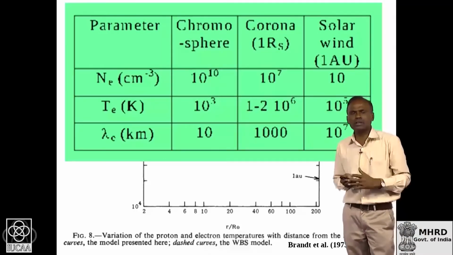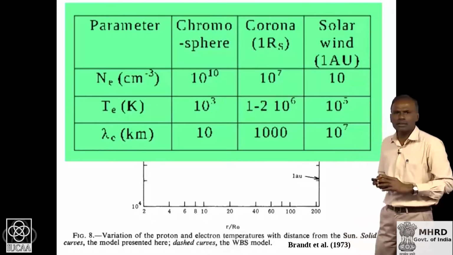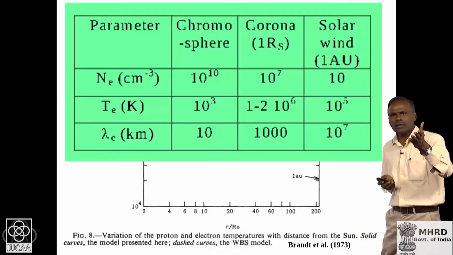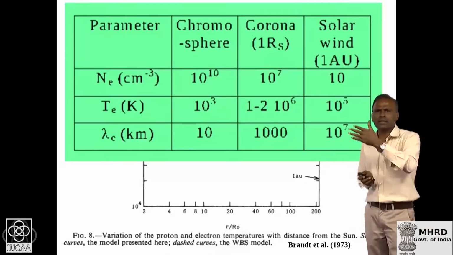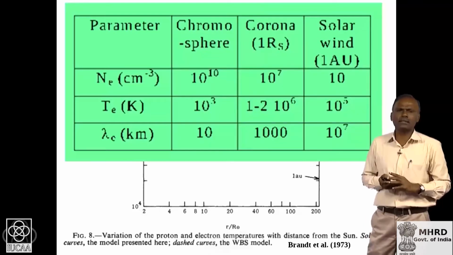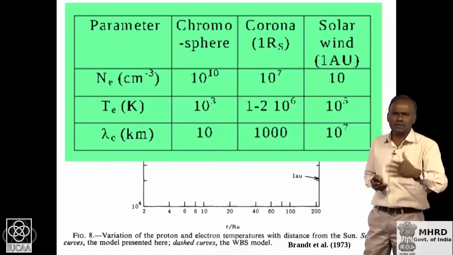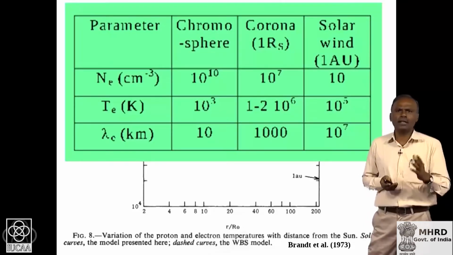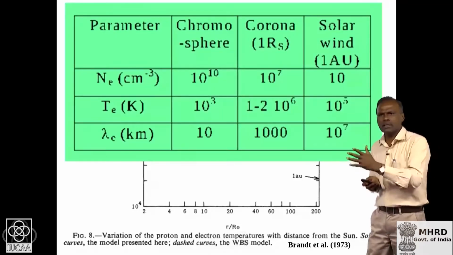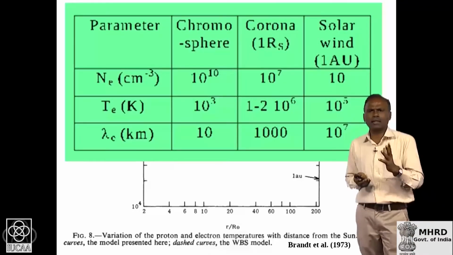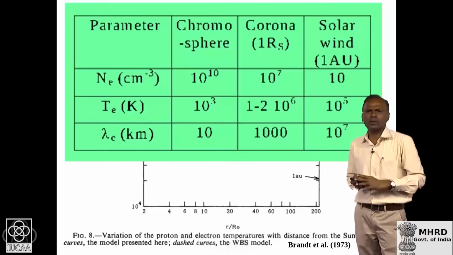So this is the typical density variation, whereas for electron temperature, from chromosphere to corona there is a huge increase in temperature, which is due to the coronal heating, and something like a million degree temperature falls to something like 100,000 degree at about 1 AU.